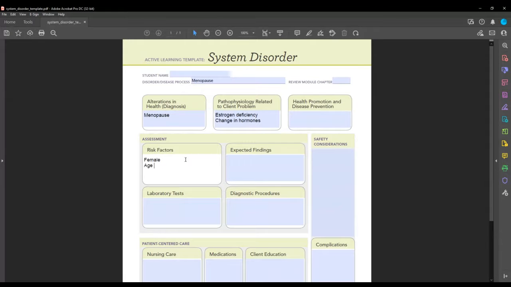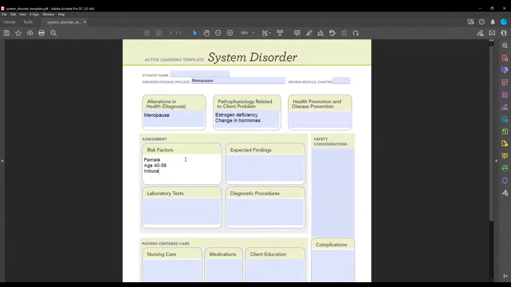And then we're going to be looking at the age from 40 to 58-ish, right? We can have it a little bit earlier and premenopause type stuff. Diet, not really. Hysterectomy, yeah, that's correct, Samaya.